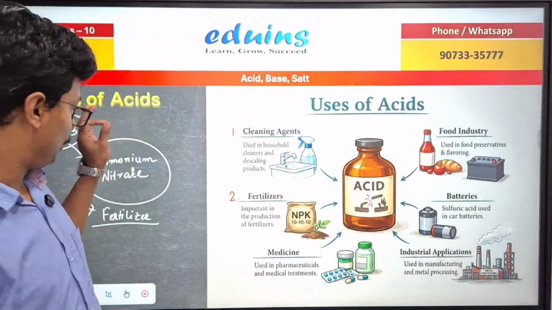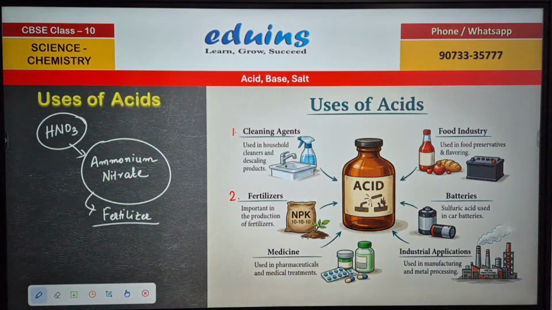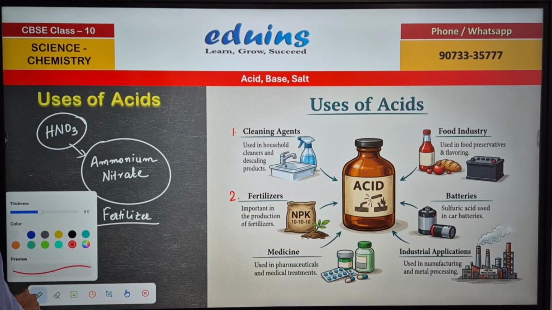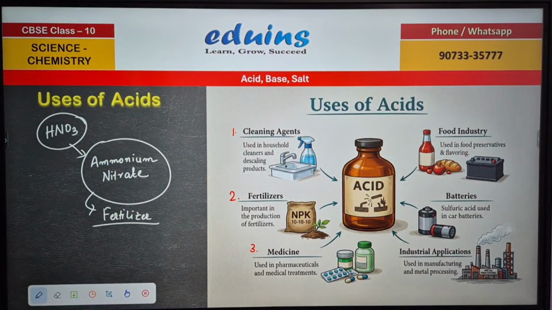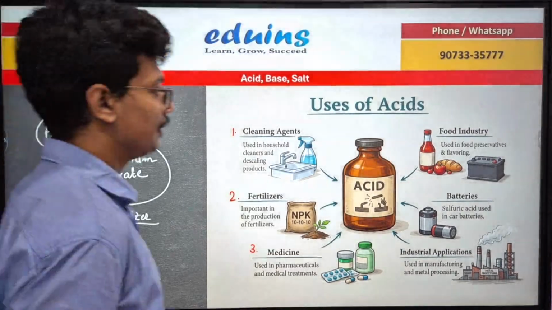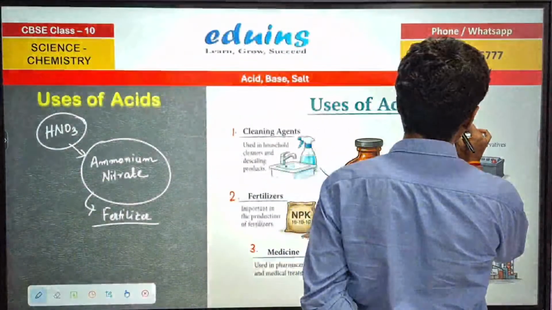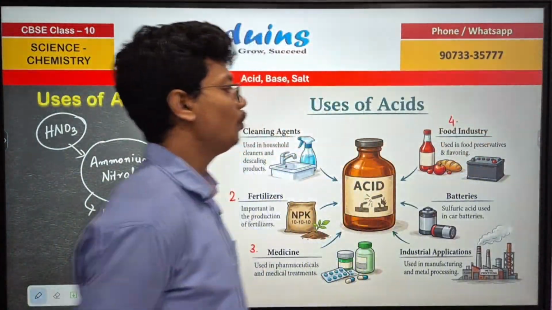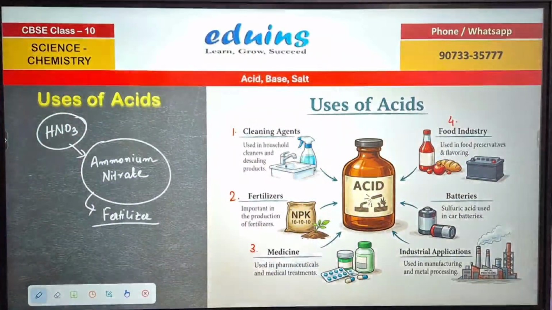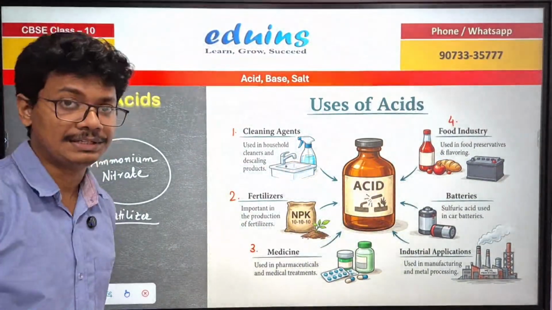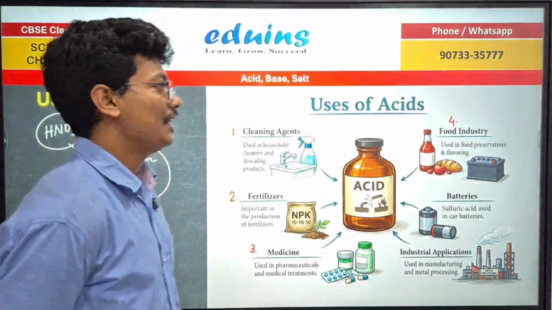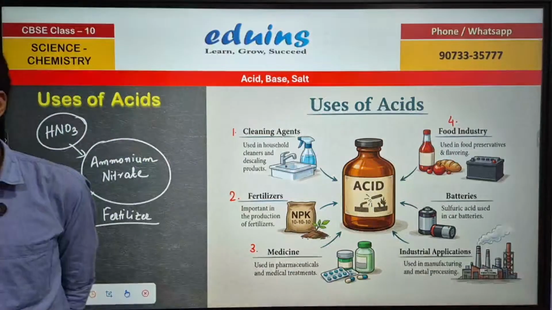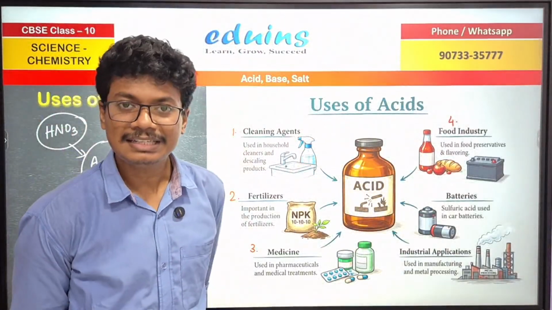Clear? Okay, next for the medicine. Next for the medicine, used in pharmaceuticals and medical treatment. The fourth one, that is in food industry, used as a food preservative. Like your vinegar, and the vinegar contains, we all know, the acetic acid.